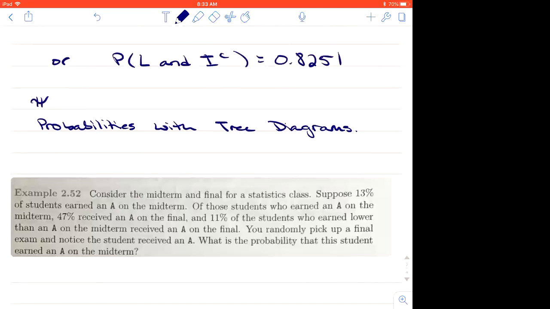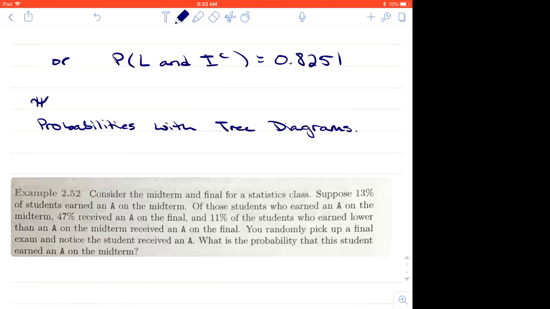So I like this example because it's easy for us to see the progression. Consider the midterm and final for a stats course. That's us. Suppose 13% of students earned an A on the midterm, so you either got an A or you didn't. Of those students who earned an A on the midterm, 47% received an A on the final, and 11% of the students who earned lower than an A on the midterm got an A on the final.